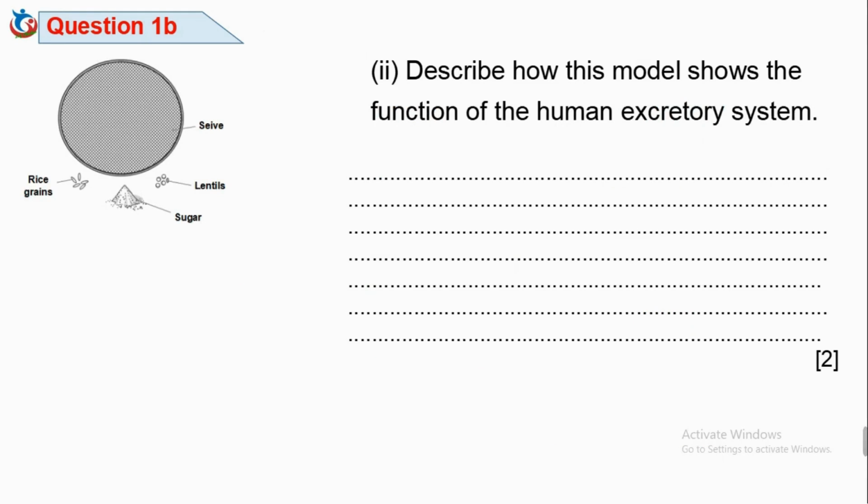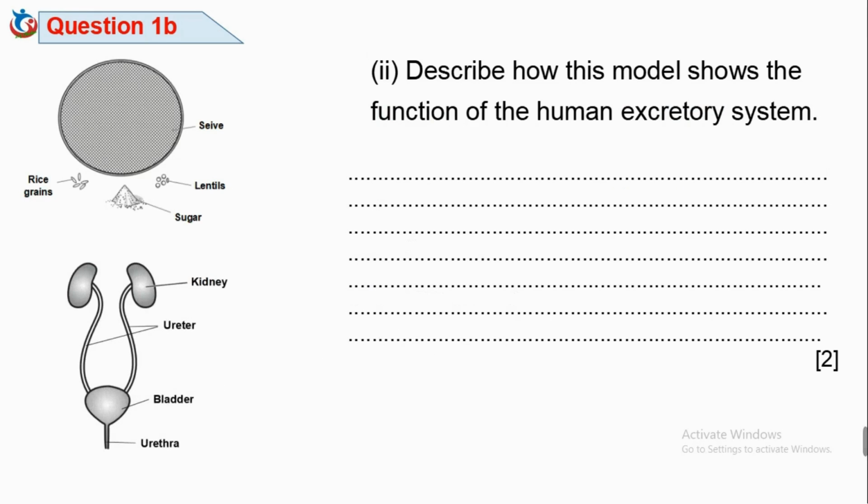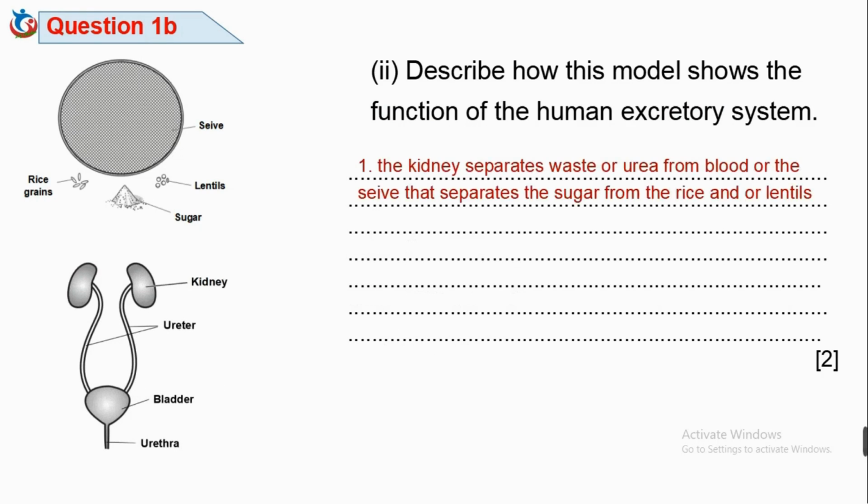Question 1b2. Describe how this model shows the function of the human excretory system. We've discussed them already, but as a summary: 1. The kidney separates waste or urea from blood, just as the sieve separates the sugar from the rice and lentils. Number 2. This model acts as a filter.